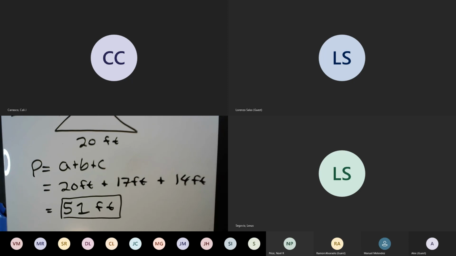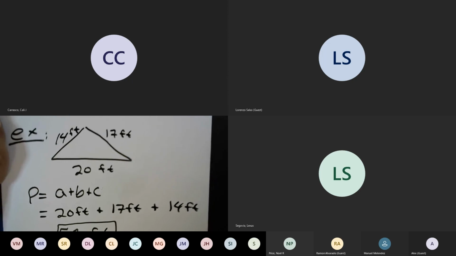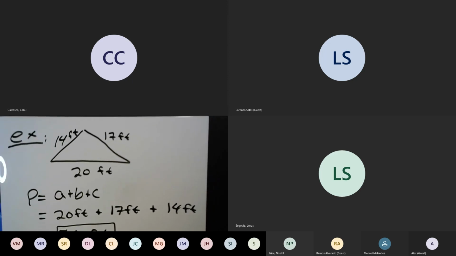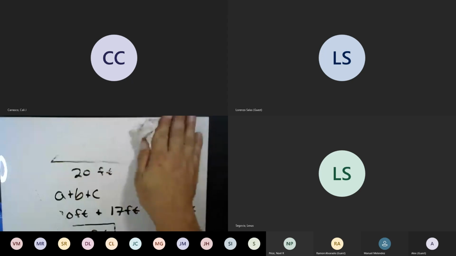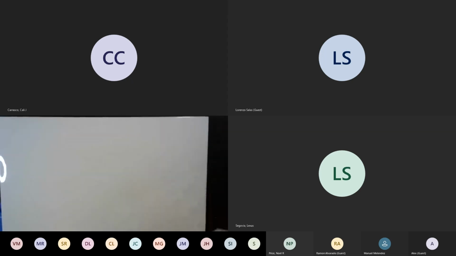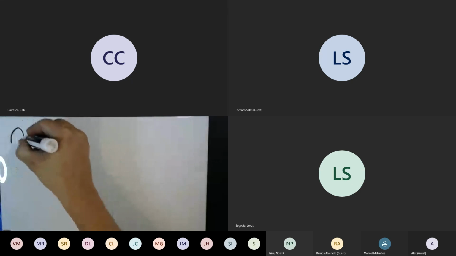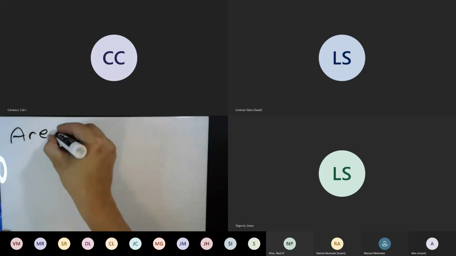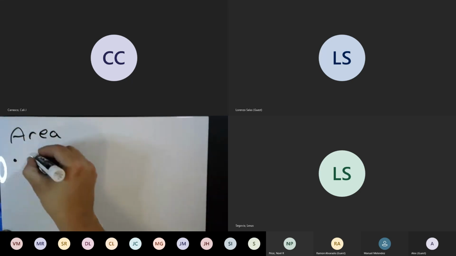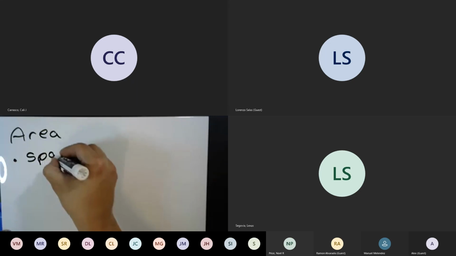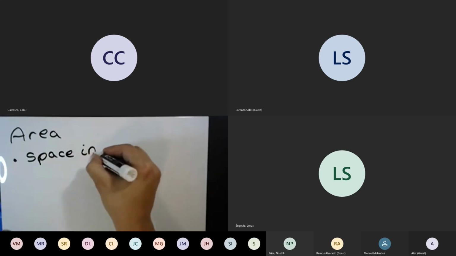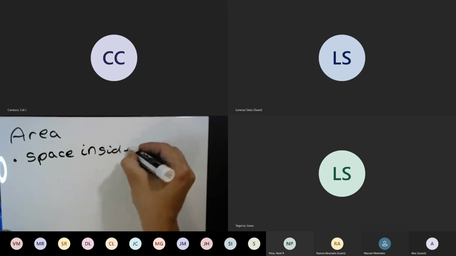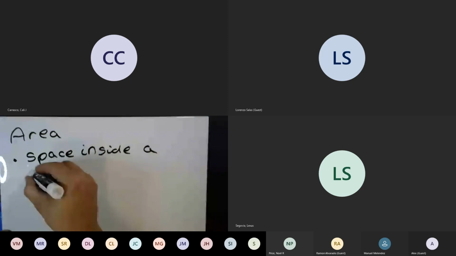Now, there are other formulas, area formulas, that are for these shapes also. And area formulas, what area is, if perimeter is the distance around a 2D shape, area is the space inside a 2D shape.